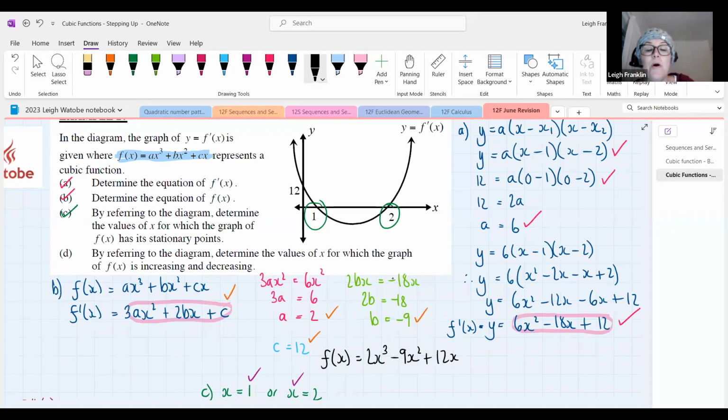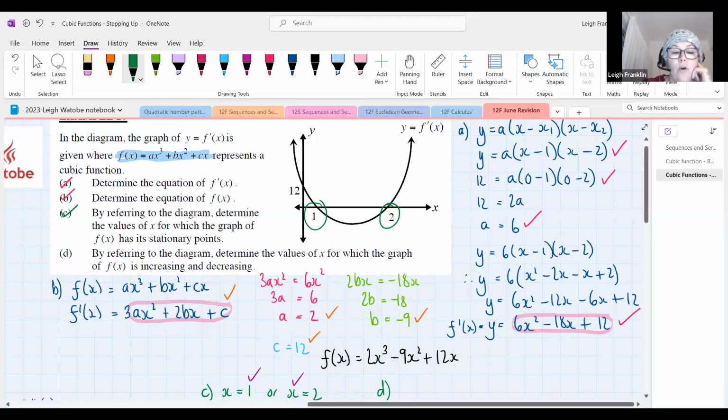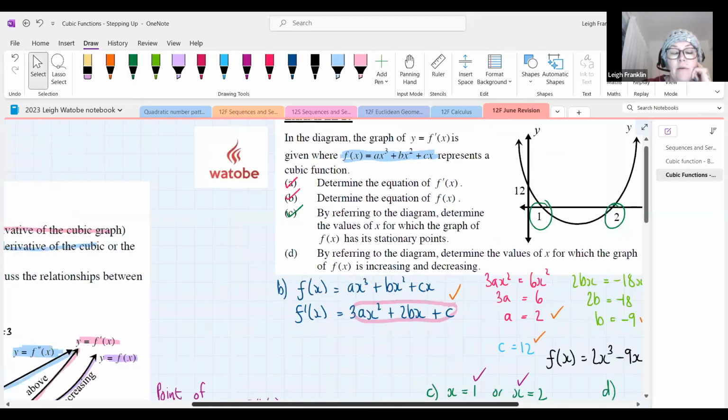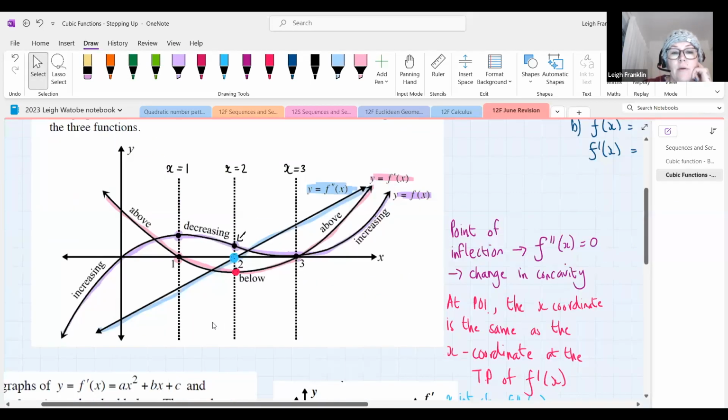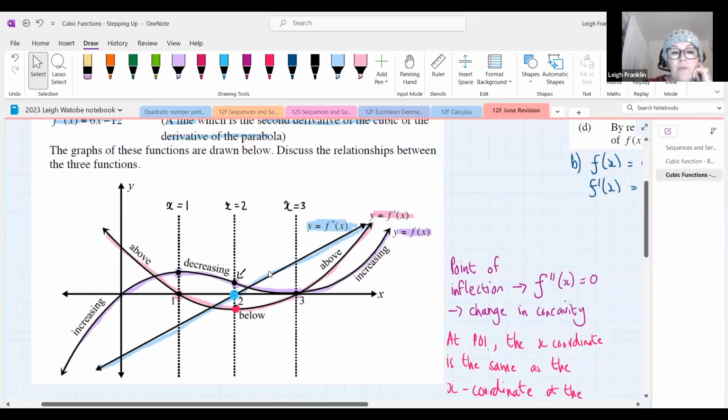And the last part, part D. They've said to us again, by referring to the diagram, determine the values of x for which the graph of f of x is increasing and decreasing. Go back and have a look again at the relationships over here. When the graph is concave down, your first derivative is decreasing.